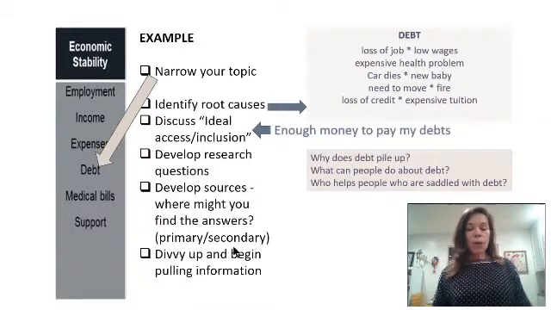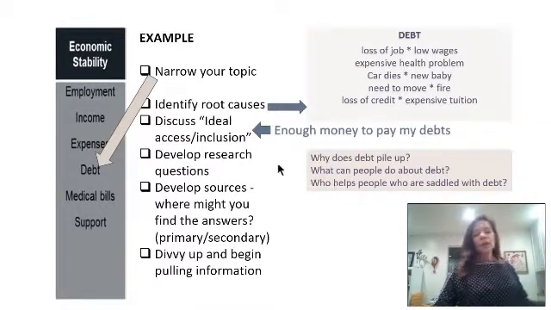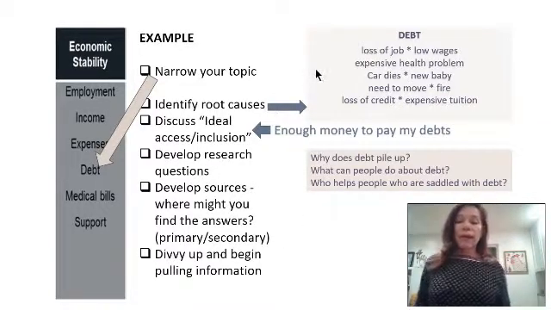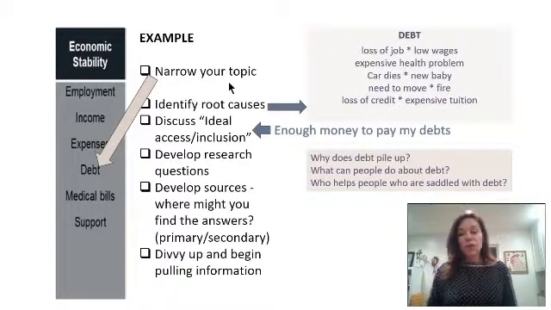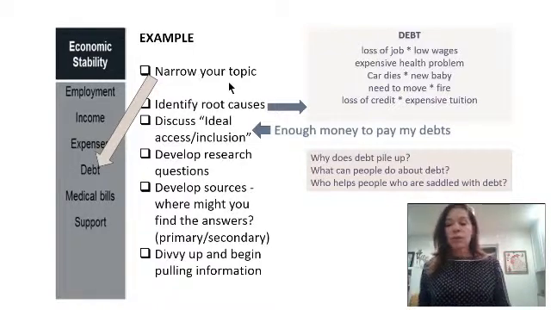Okay, so here we go. This is just an example of what I expect you guys to do. So let's say that your team picked economic stability, and as you begin talking about it, you're having conversations about what's interesting to you. Maybe a lot of you have debt because it's expensive to go to school and you've had to take out loans and so forth.